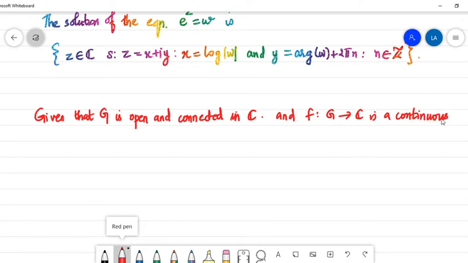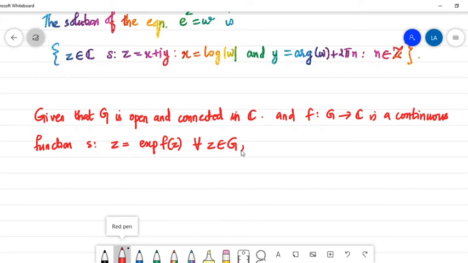That will mean for every open set in C, f inverse of the open set will be an open set in G. It is a continuous function such that z is equal to exp of f of z for every z belonging to G.